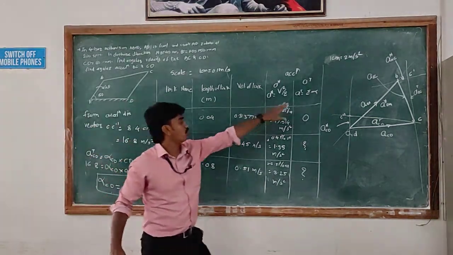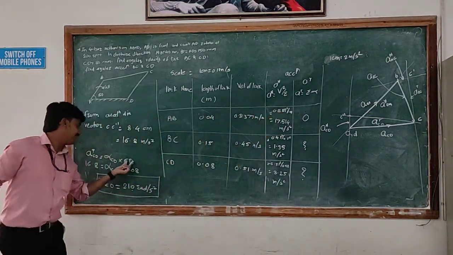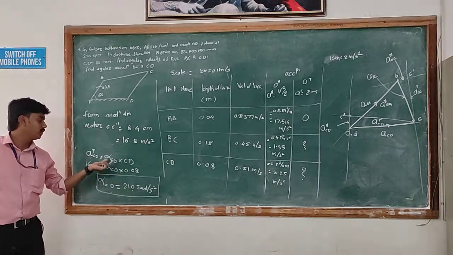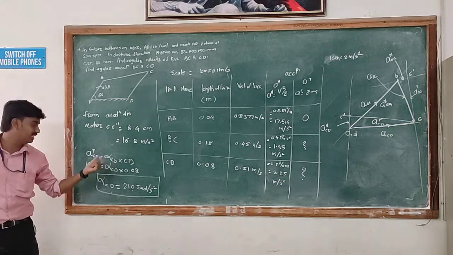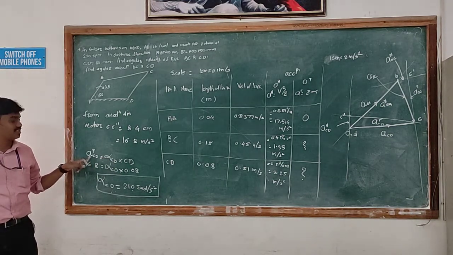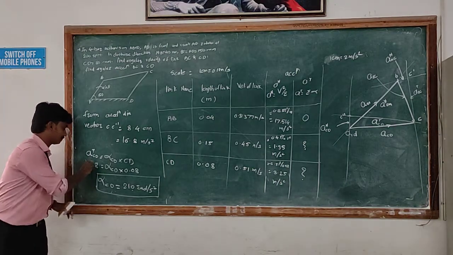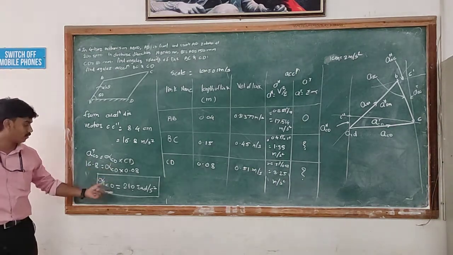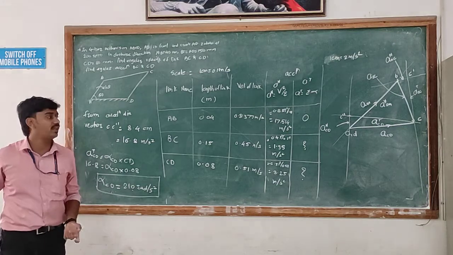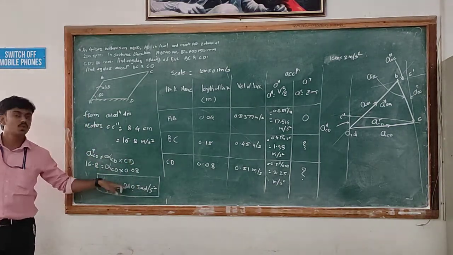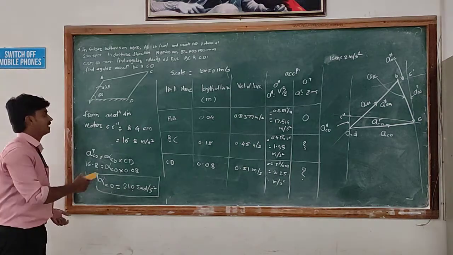Link length CD is 0.08 meter, and we don't know the angular acceleration of the link CD. We have the tangential acceleration, 16.8, and by calculating this we get the angular acceleration of the link CD, that is 210 radian per second square.